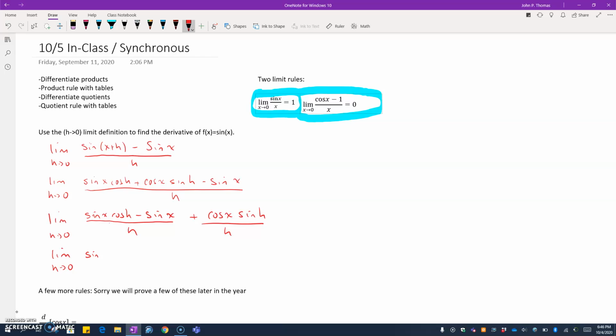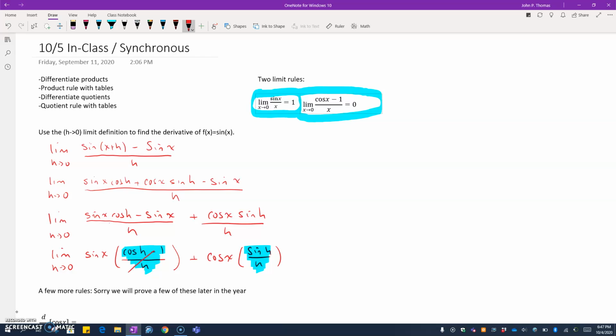So I've got sine x times, and I'd be left with a cosine h minus 1 over h. And then in the second piece, I'm going to take the cosine x out front, and that leaves me with the sine h over h. Now, what we hopefully notice is that in here, we have the two structures that were up in those limits.